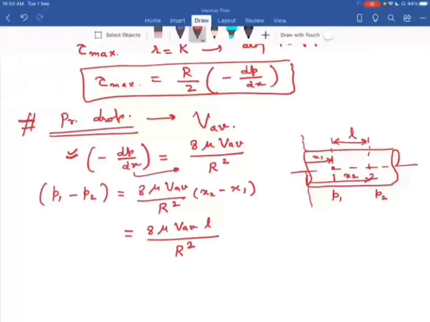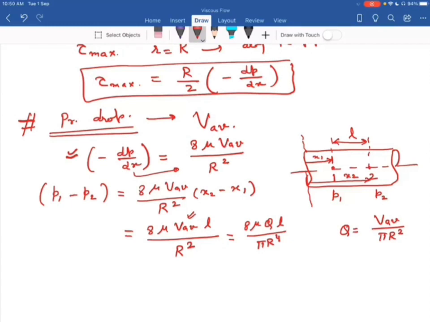Now this is in terms of V average. If I write it in terms of discharge, Q is V average times pi R square. So in terms of discharge, I can also write it as 8 mu Q L upon pi R raised to power 4.